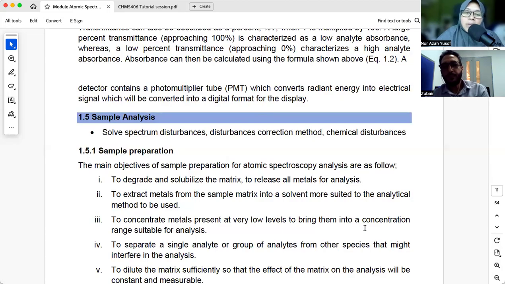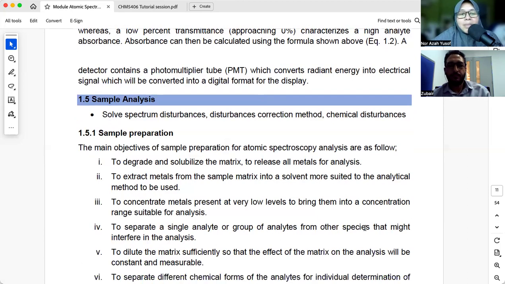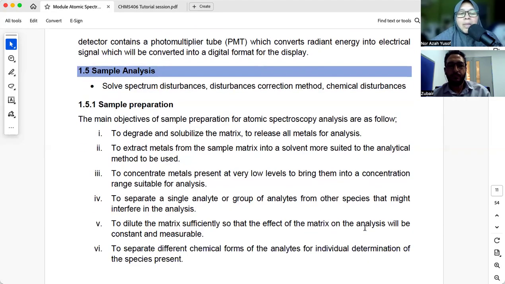Extraction meaning that you extract from organic and then into aqueous. You have to do all these sample preparation steps. Sometimes, if your sample is solid, you need to degrade and solubilize to release all metals for analysis. If your sample is already in liquid form, you probably need to filter to make it clean.